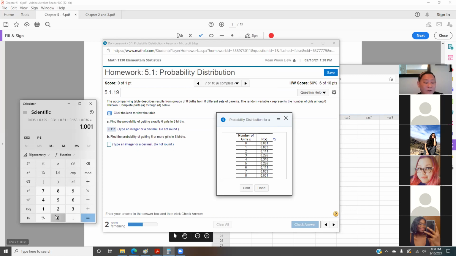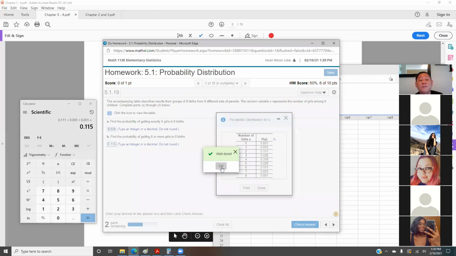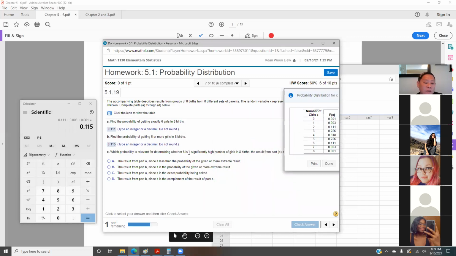So you have to add 0.111 with 0.003 and 0.001. So your answer is 0.115. So make sure you add 6 because it says 6 or more. So my question is, if I want you to figure out whether 6 is significantly high, which one do you use, the answer in part A or the answer in part B?